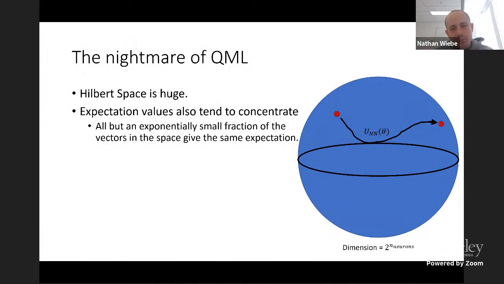Now, this leads to the big nightmare of quantum machine learning, which, ironically, comes from the greatest hope that we have from quantum machine learning. And that is that quantum states exist in very high dimensional spaces. From that perspective, you can view a quantum computer as basically just a giant vector manipulator. But that strength comes with the fact that this is a gigantic Hilbert space that we're operating in.